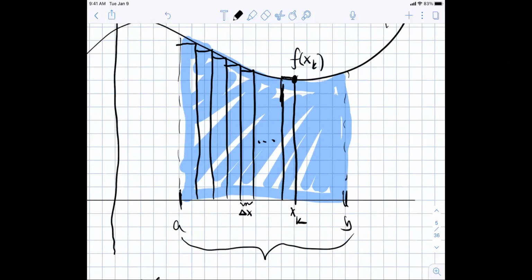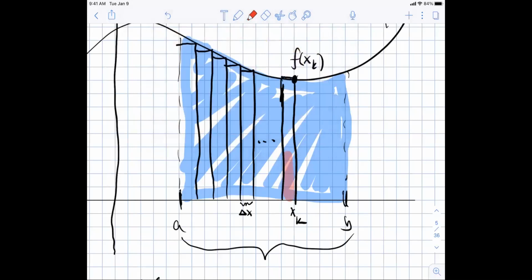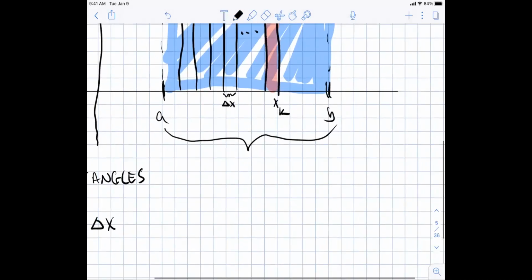I've taken k steps away from a, that's f of x k. If I want to find the area of this one individual rectangle, which sort of represents all of them, I'll color it in red.